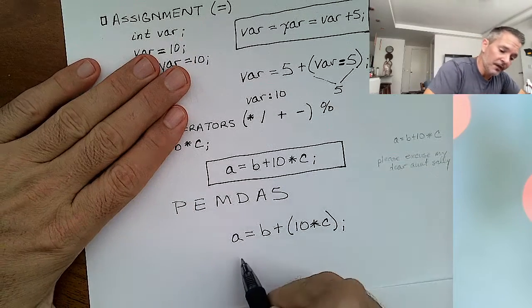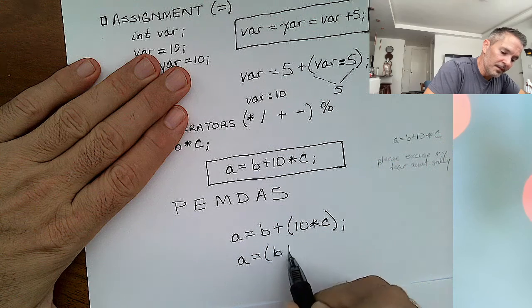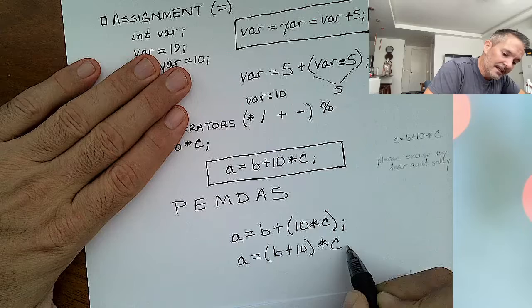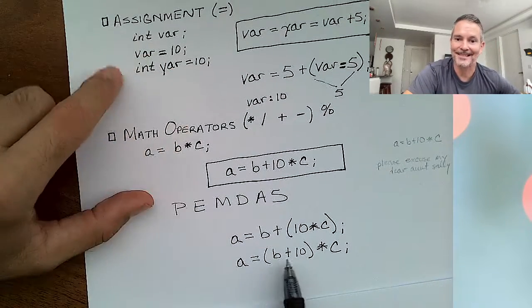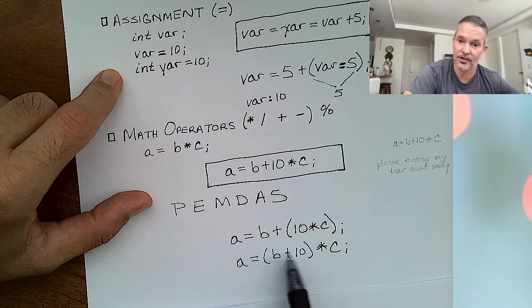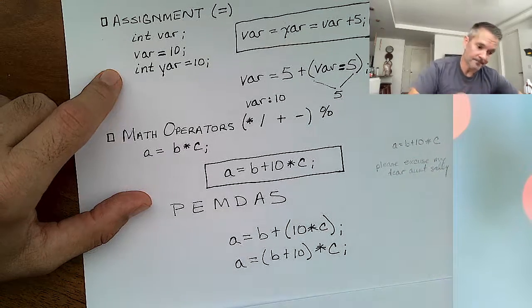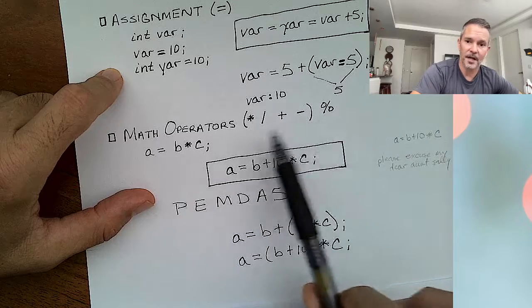We could also say A equals parentheses B plus 10 times C. And we would be telling the computer, I want you to evaluate in this order instead. So the result of this expression will be 0 gets assigned to A. All right, so that's all about these basic operators.